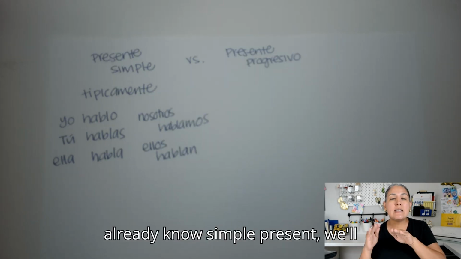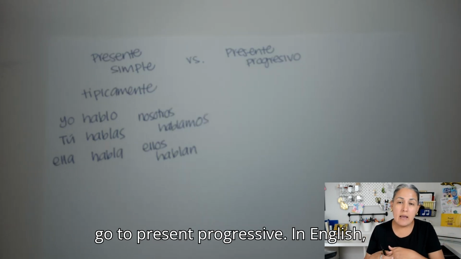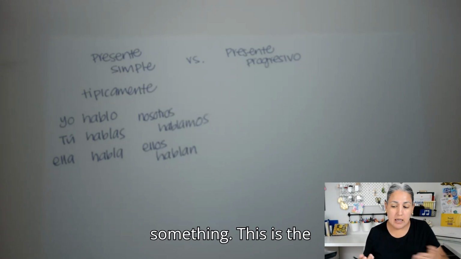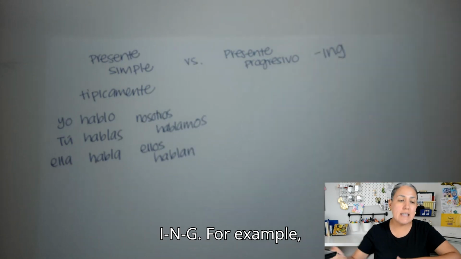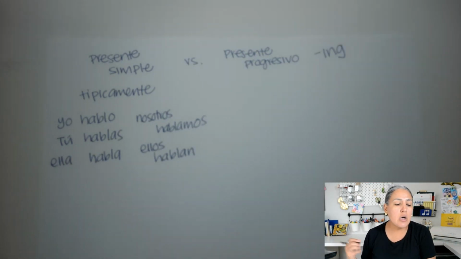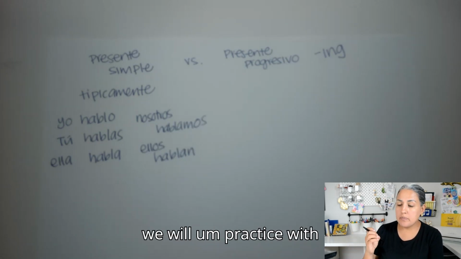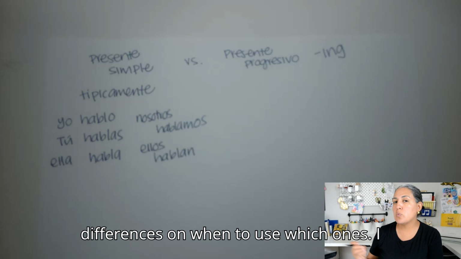So once we already know simple present, we'll go to present progressive. In English, it's like saying we're doing something. This is the ing. For example, I am talking. I am running. So first I'll explain, then we will practice with some of the verbs, and then we can write differences on when to use which ones.